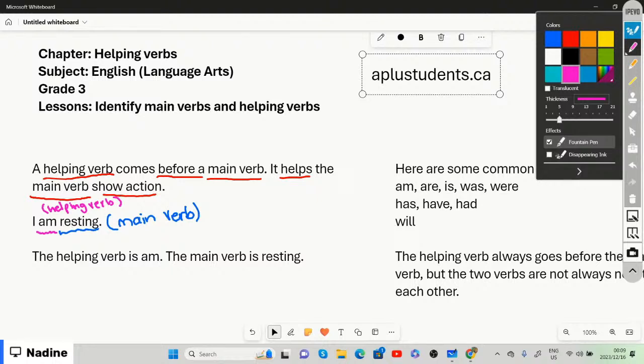So the helping verb that helps the main verb is am. Am is the helping verb that helps the main verb, which is resting. And the subject is I. So I is the person, it's the pronoun, it can be the noun, the pronoun that is doing the action.